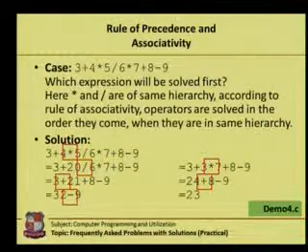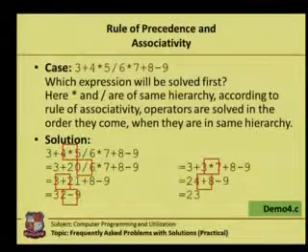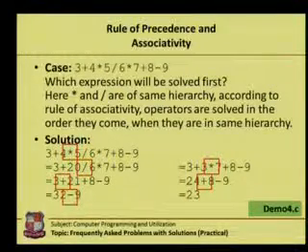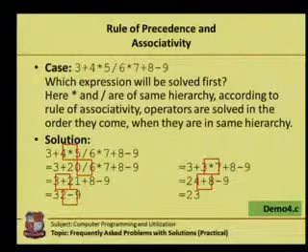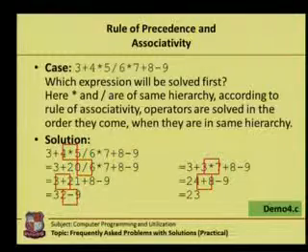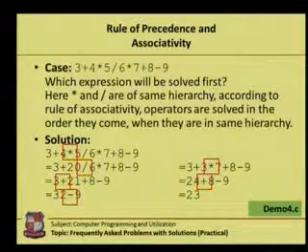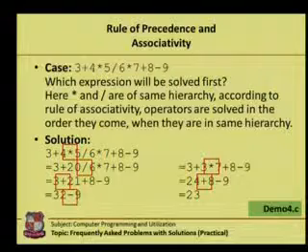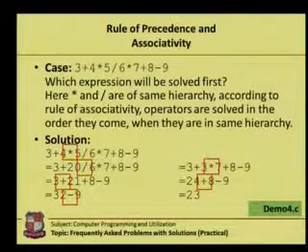Now 20 by 6 is not going to result in a floating point or real number. The reason is this is integer arithmetic. When both the operands are of the same type, then you get the same type of result. So here 20 and 6 are the operands for the division operator, and the type of 20 and 6 is integer. When arithmetic is performed on integers, definitely the result comes as integer.